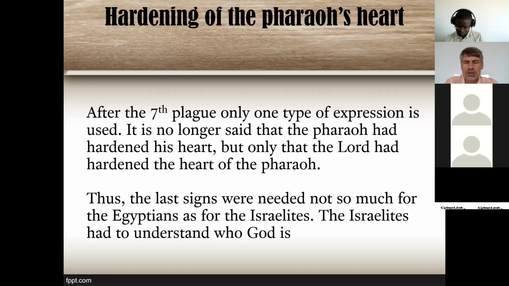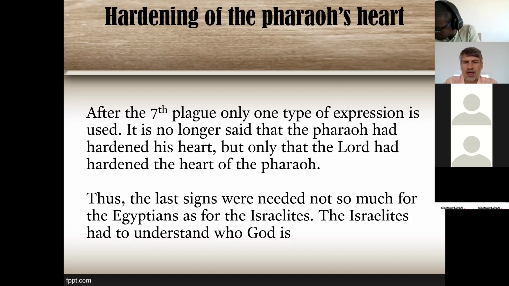And it was needed not only for Pharaoh, it was needed also for the Israelites. And the Israelites, as I said, are not presented negatively in the first part of the book of Exodus, but at least they are not presented positively. So they still do not understand even in the very end.